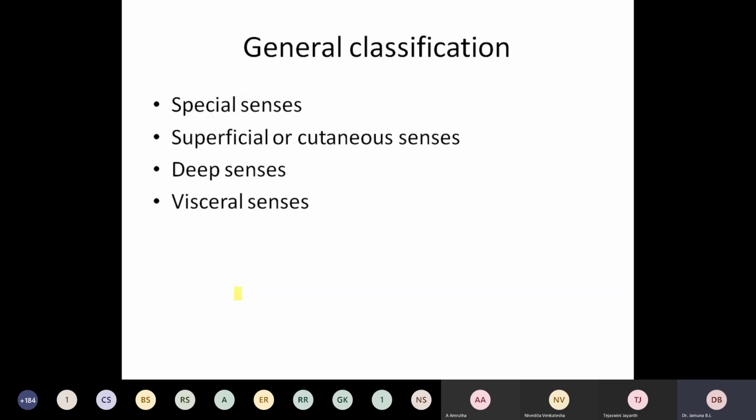Also, you can classify receptors based on whether they reach the conscious level or are unconscious senses. So I have told you various ways of classification, but there is not one classification which will fit all the receptors. Based on the type of stimulus, the nature of the stimulus, the distribution, and the adaptation, we have classified the receptors in different ways.